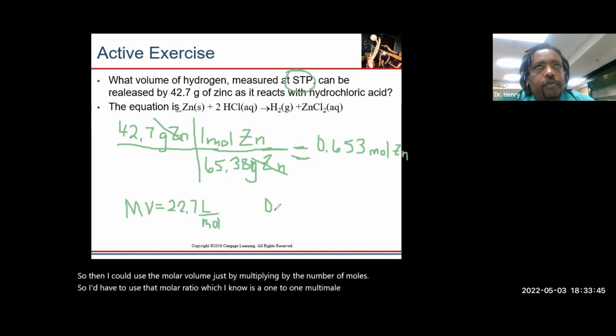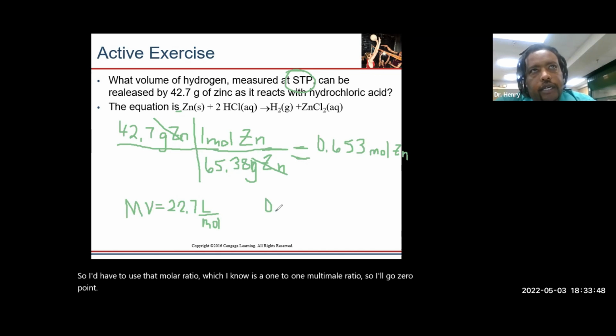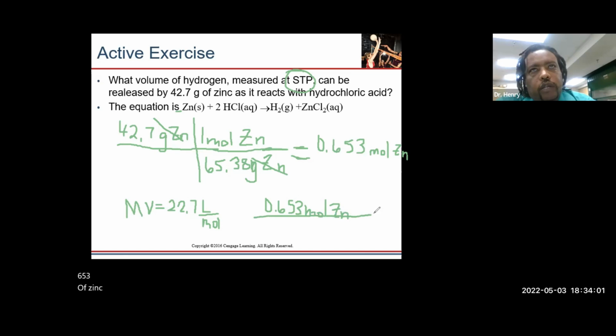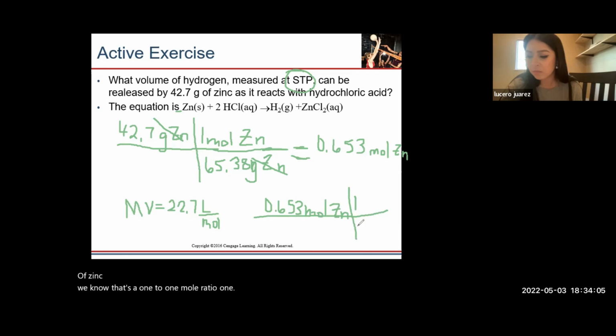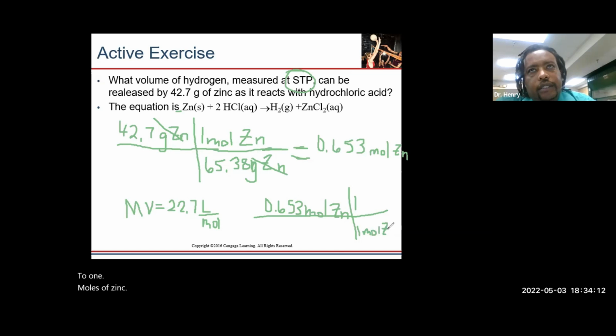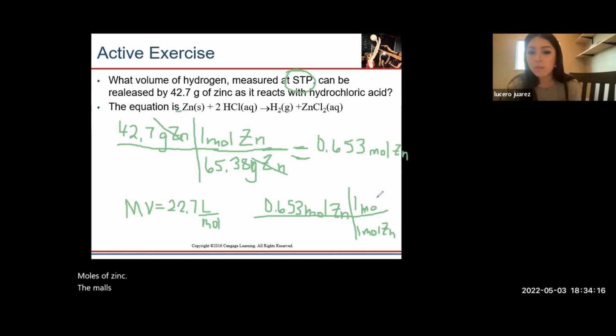So I'll go 0.653 moles of zinc. We know that's a 1-to-1 mole ratio, moles of zinc to moles of hydrogen gas.